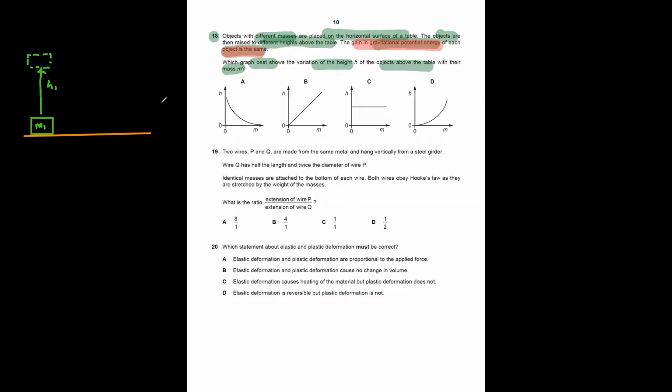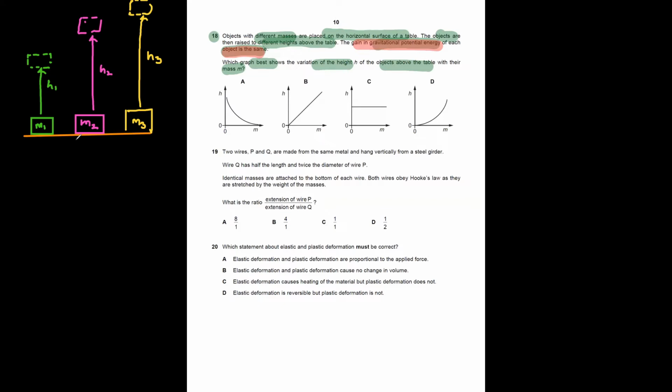And then I have mass M2, a different mass. I raise it to another different height, over a height of H2. And then lastly, I have mass M3. I raise it all the way high up to here, height H3. So I have different masses, different heights.